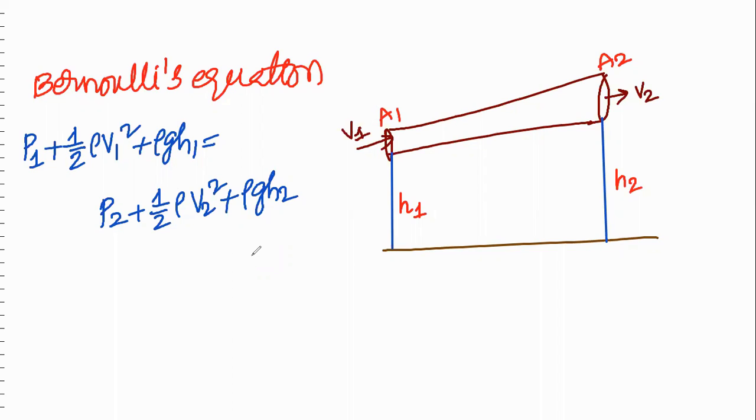Right? So whenever we take Stokes formula, it states that the viscous force acting on the drop or sphere is F equal to 6 pi eta r v_t.